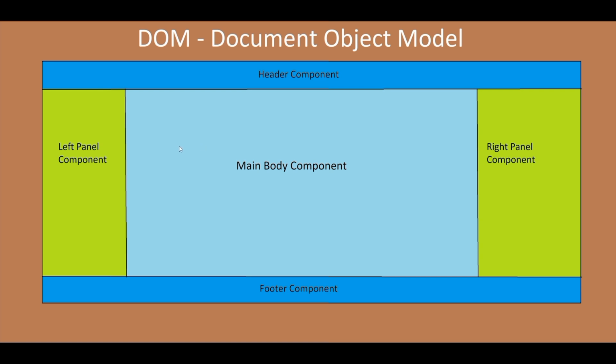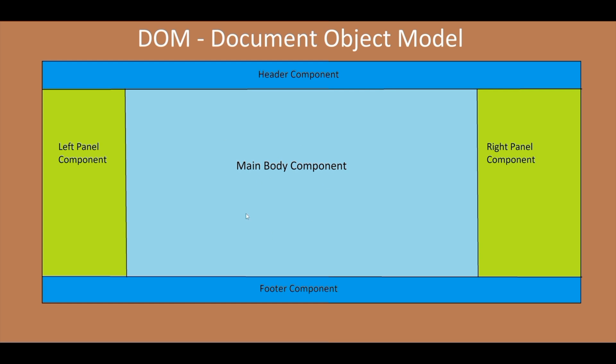The form is not needed in the header section, not the footer, not the left or right. We need to load the form inside the main body component. That means we will create another component which will be called from another component. In that case we can use a local component.